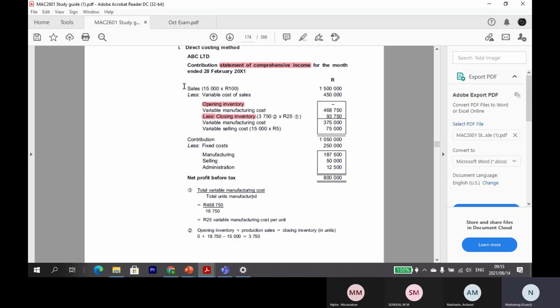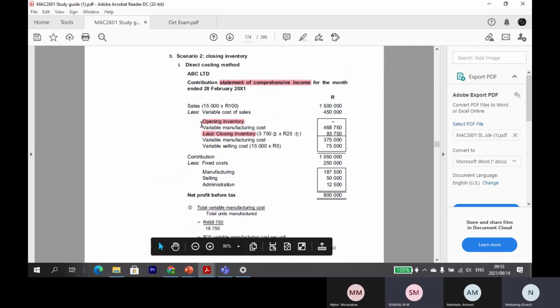Say you have your sales less your variable cost of sales, under direct costing. What is variable cost of sales? I must have my opening inventory, my manufacturing cost, and then less my closing inventory. Get into the habit of doing that, it's important so people can see the layout.